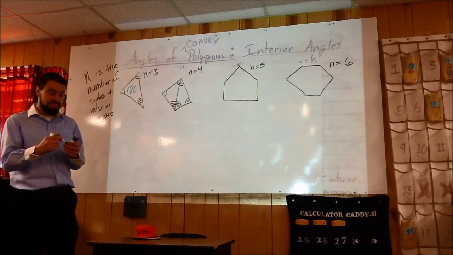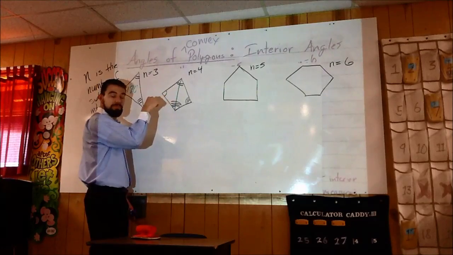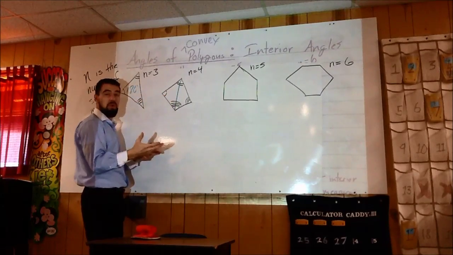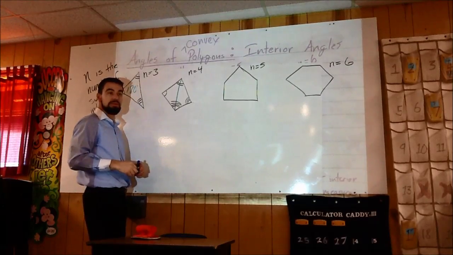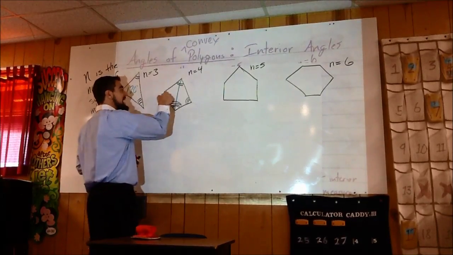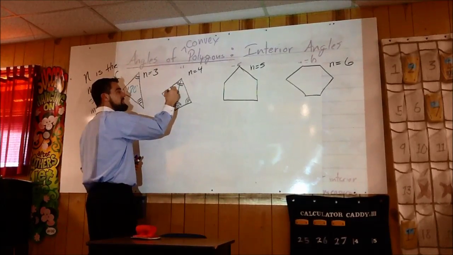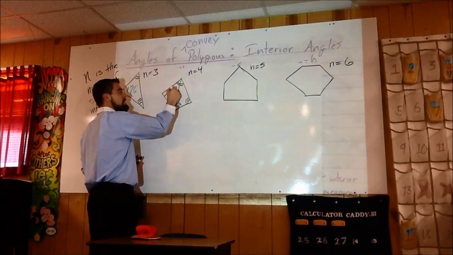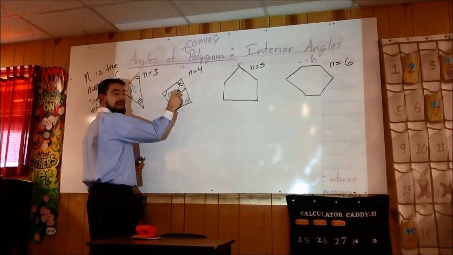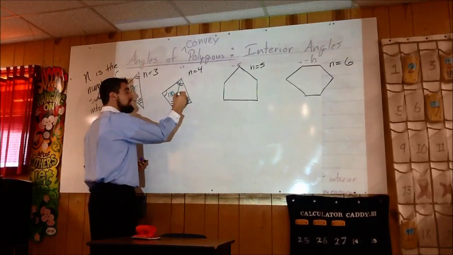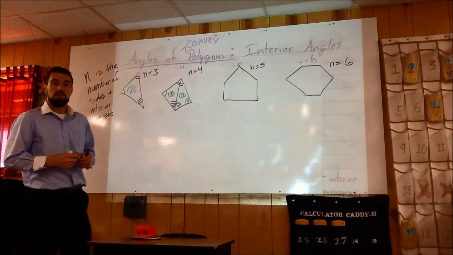When I break it up into these 2 triangles, they account for all of the 4 quadrilateral interior angles. If I add up the measures of this triangle, these 3 angles, what is that going to be? 180. What about all the angle measurements of this triangle? 180 as well.